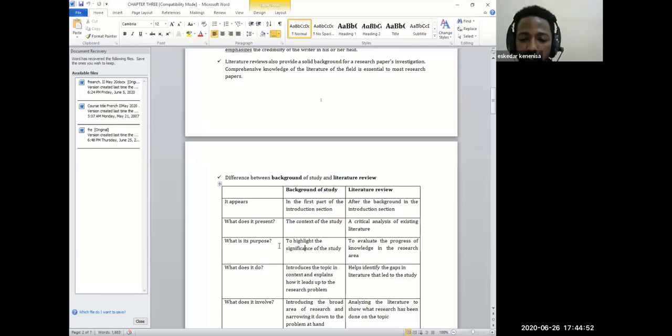The purpose of the background is to highlight the significance of your study, while the literature review's purpose is to evaluate the progress of knowledge. It is in this way that you show there is a real problem, a real gap in the research area. Therefore, the purpose of the literature review is to show the progress of knowledge in your field.